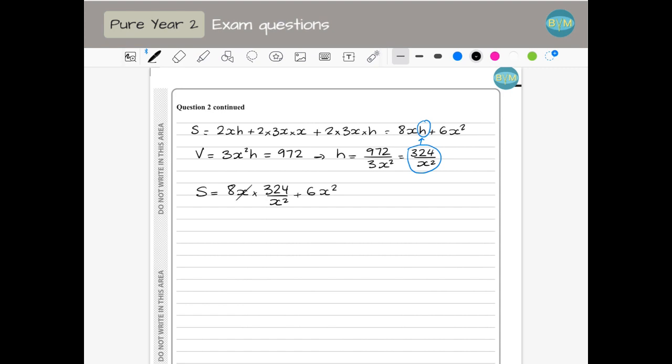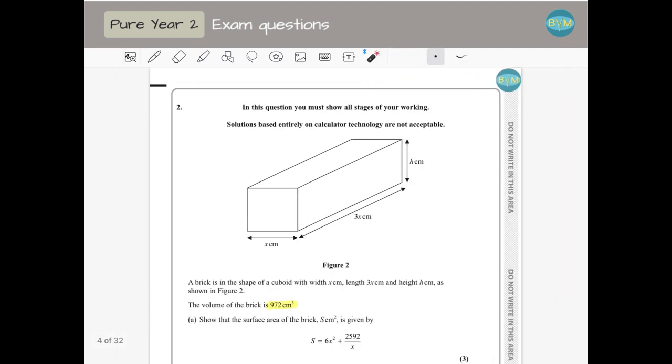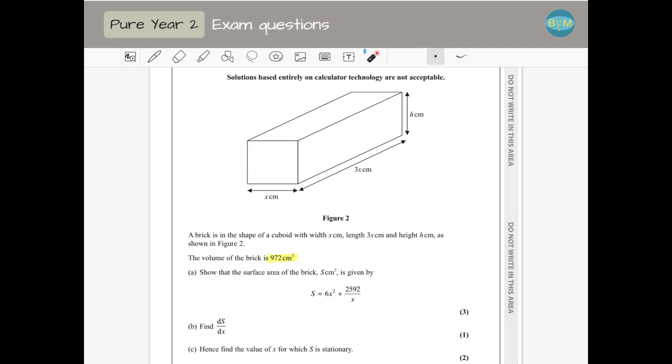I can cancel this x with this x squared, and then I have 6x squared plus, I just multiply by 8, so 324 times 8 divided by x. And this is precisely the expression that we have to find.